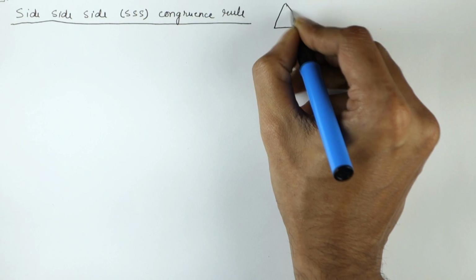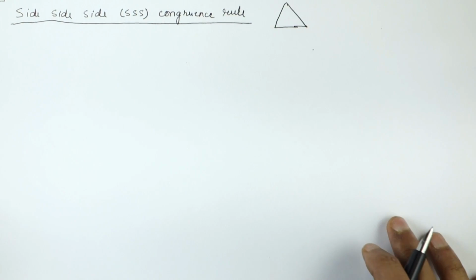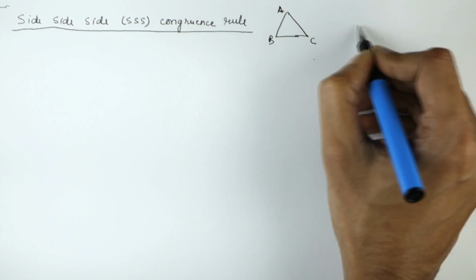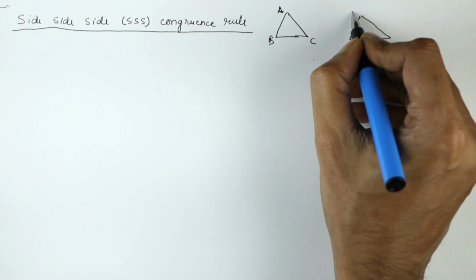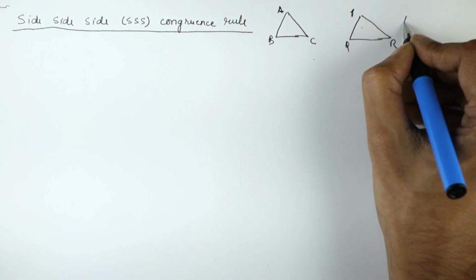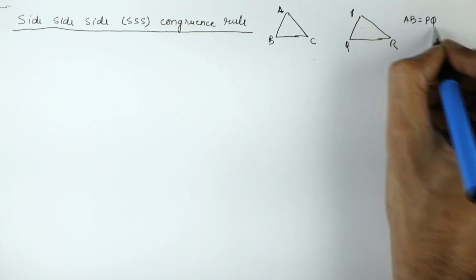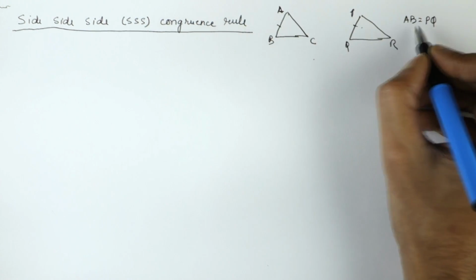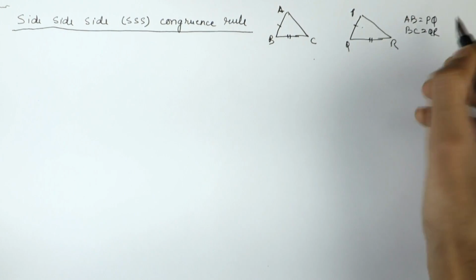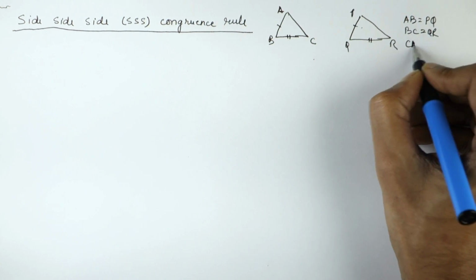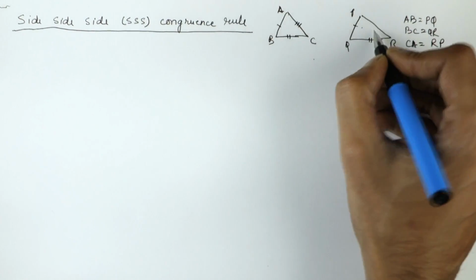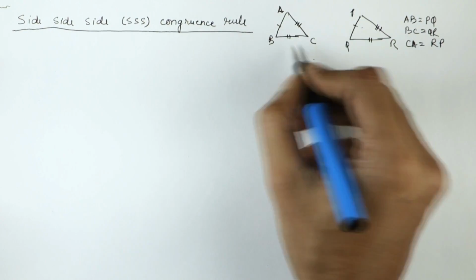So if there are two triangles, let's say this is triangle ABC, and this is triangle PQR, then the rule says that given AB is equal to PQ, so this side is equal to this side, BC is equal to QR, so this side is equal to this side, and CA is equal to RP, so this side is equal to this side in length, then these two triangles are congruent.